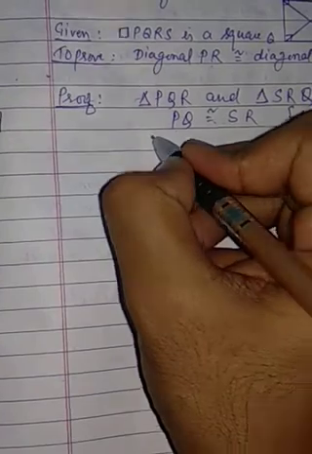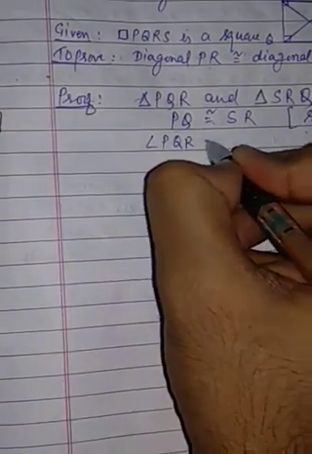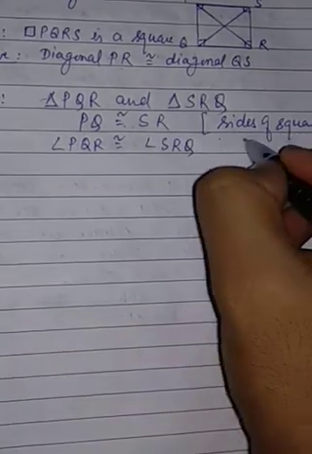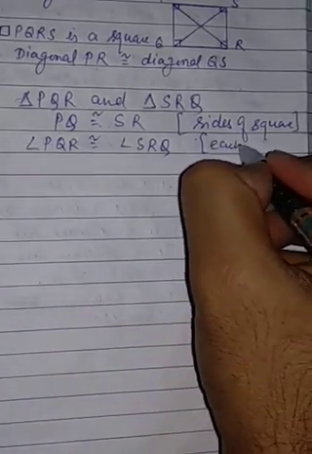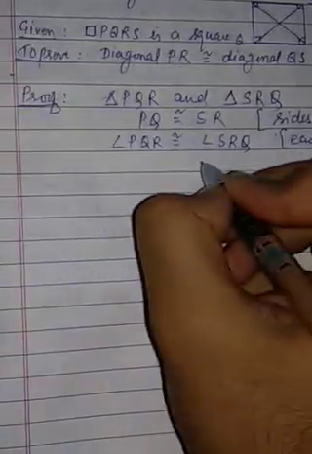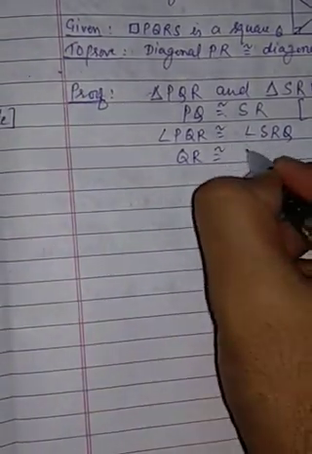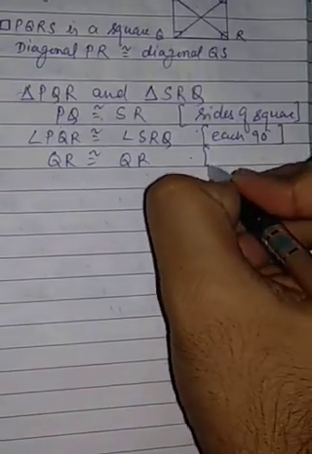Okay, so angle PQR is congruent to angle SRQ. Okay, each 90 degree. Then we have QR is congruent to QR. You can write here common side.